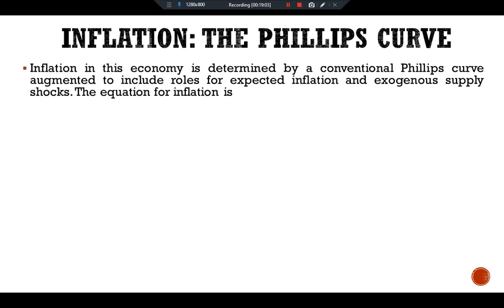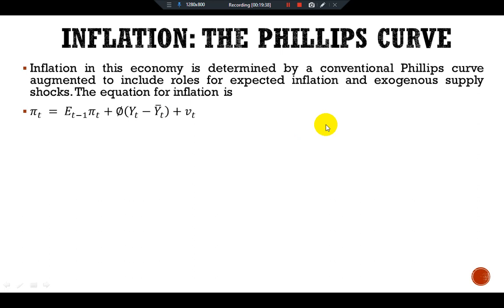Moving toward the third equation, that is inflation, the Phillips curve. Inflation in this economy is determined by a conventional Phillips curve augmented to include roles for expected inflation and exogenous supply shocks. The equation for inflation is π_t = E_{t−1} π_t + φ(Y_t − Ȳ_t) + ν_t.